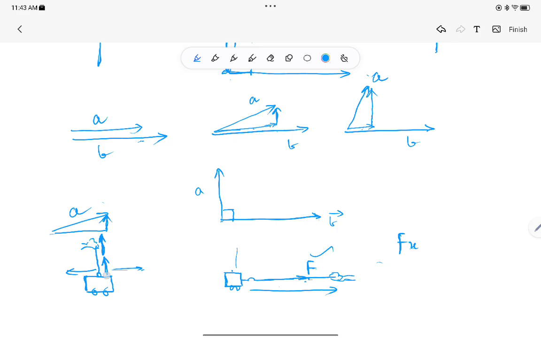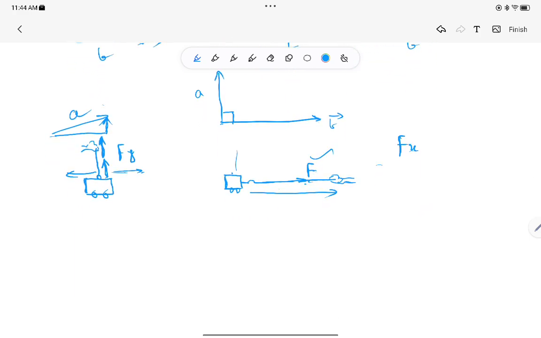This force is said to be a pure vertical force. It produces a motion that is directed vertically up. Okay. Now, we say that this force does not have any part, any component in this direction. By the way, a component means part. This does not have any part in the horizontal direction.